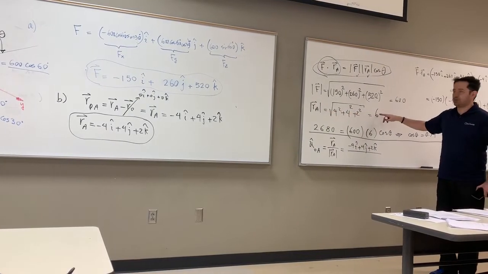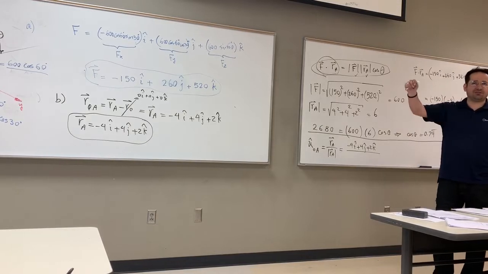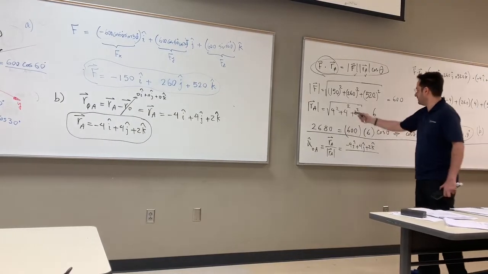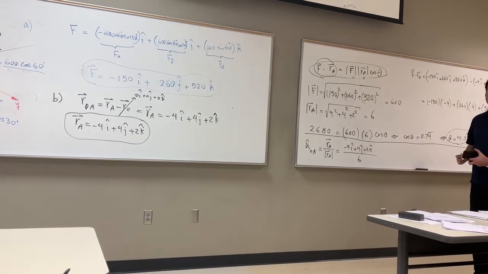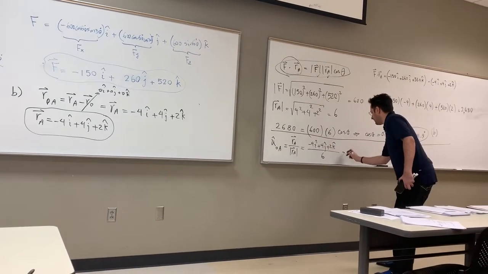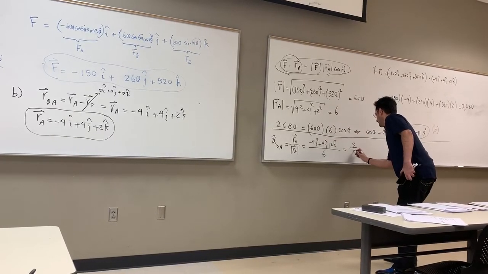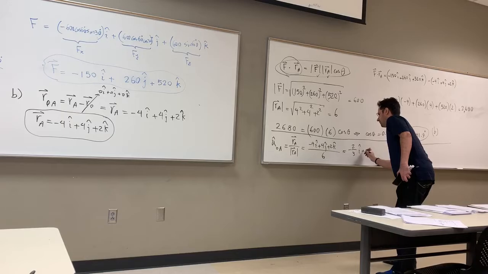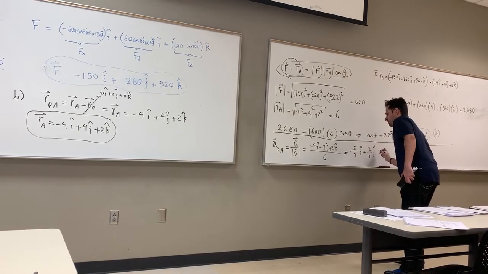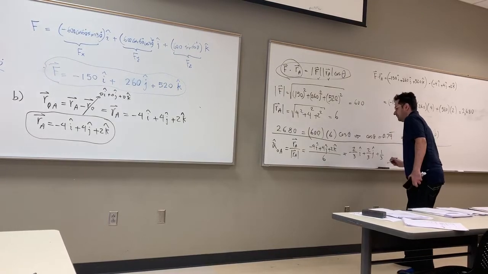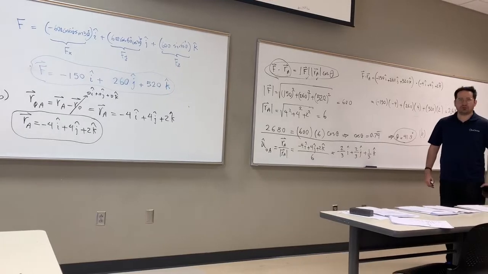We already computed that, right? That's the advantage of saving your data, because you can reuse it instead of computing again. Divided by 6, so you can further simplify by dividing by 2: negative 2/3 i plus 2/3 j plus 1/3 k. Now that's your unit vector.